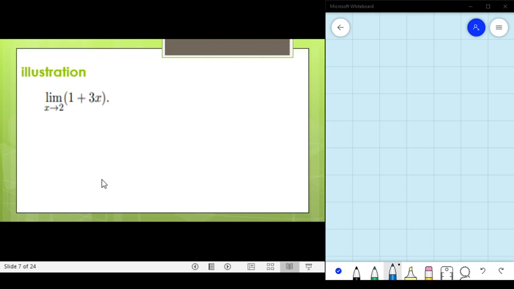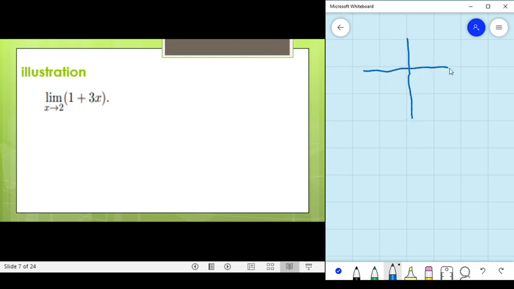Of course, on the number line, x approaches 2 in two ways. So x approaches 2 in two ways: from the right and from the left.